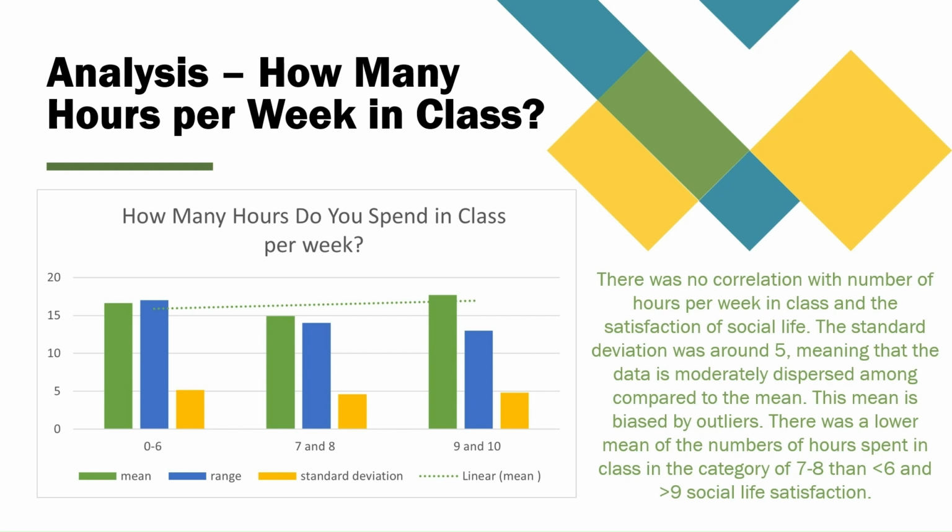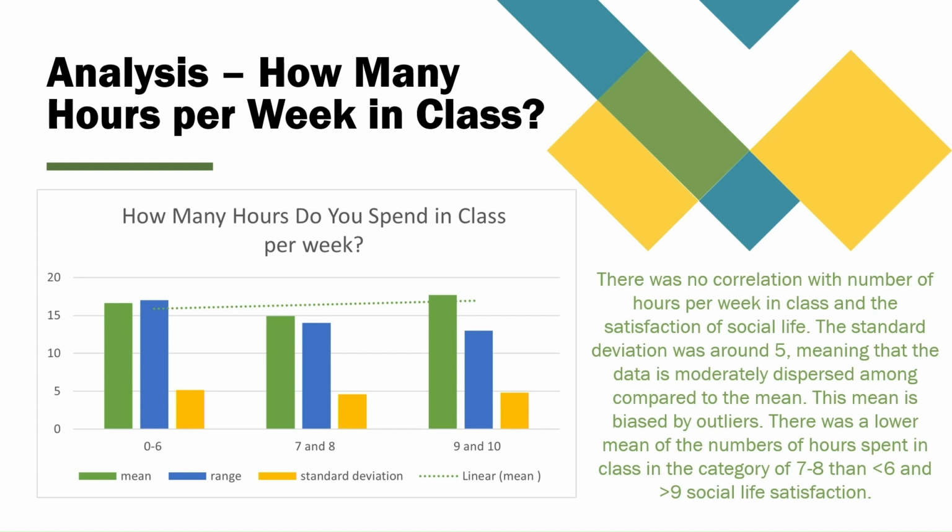We saw a lot of those who had a lower social life, so less than 6, they kind of had in the middle range a mean of around that 15, 16 area, whereas 9 and 10 kind of had a little bit higher, so maybe around 17, 18 range there.